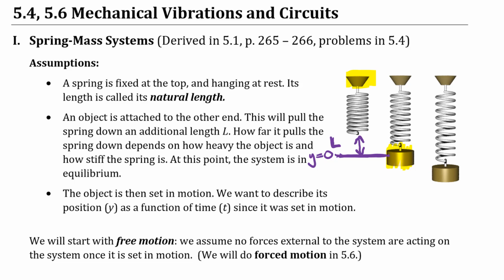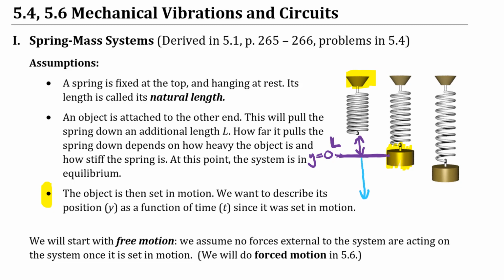And then what we want to describe is what happens after the object is set in motion. So there's a couple ways that might happen. You might hit the object with something, some other part might impart some kind of force to that object. Initially, we're going to just talk about basically you pull that object down a little bit and release it, or pull it down and give it some kind of velocity.